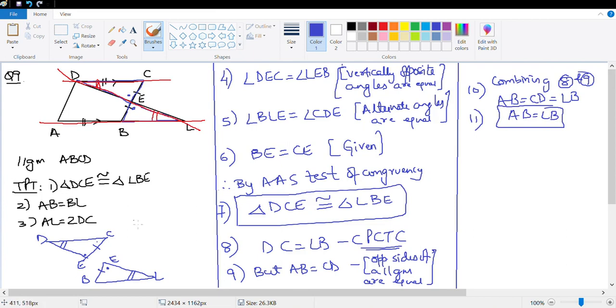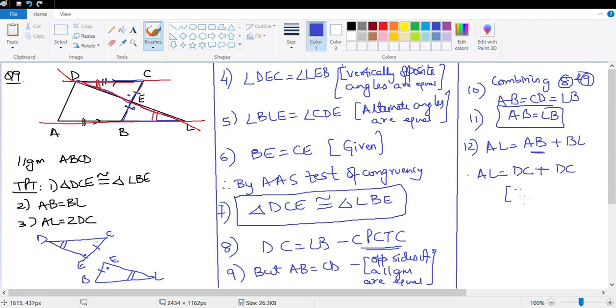Last part, I need to prove that AL is equal to 2DC. So AL is equal to AB plus BL. Yes, AL is equal to AB plus BL, and AL would be equal to DC plus DC, because AB is equal to DC from 9, and BL is equal to AB is equal to DC.